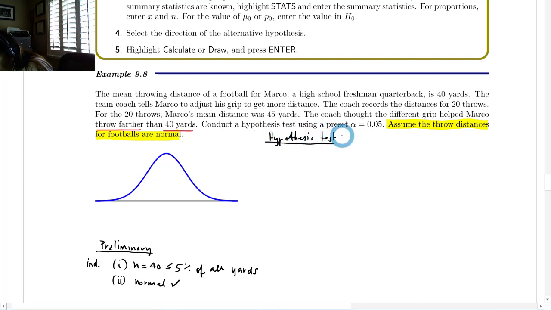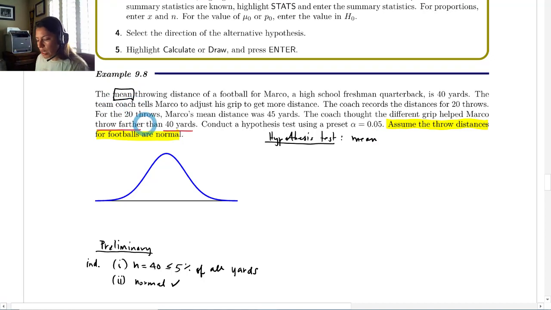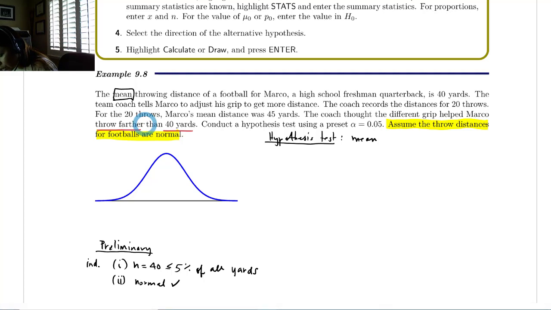We know it is a mean because they give us the mean, and therefore it's not a proportion. So the first thing we want to do is set up the hypothesis. Remember, the null is the status quo. What was the status quo? It said that he can throw 40 yards.